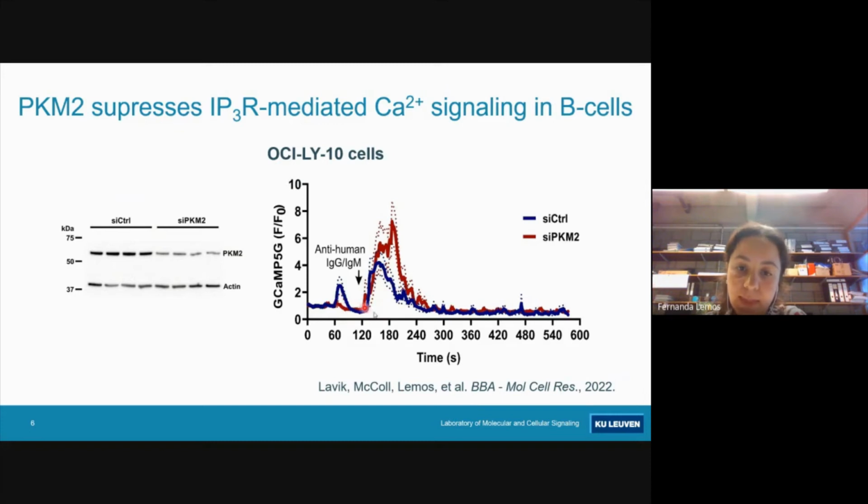In the control cells, I can show you that the calcium signaling is decreased compared to the cells that do not have, or have decreased levels of, PKM2.